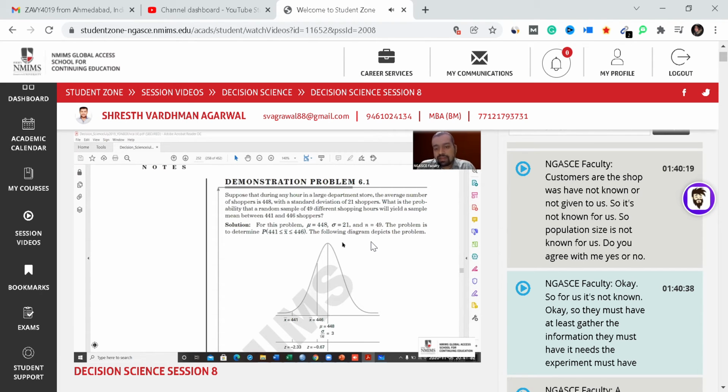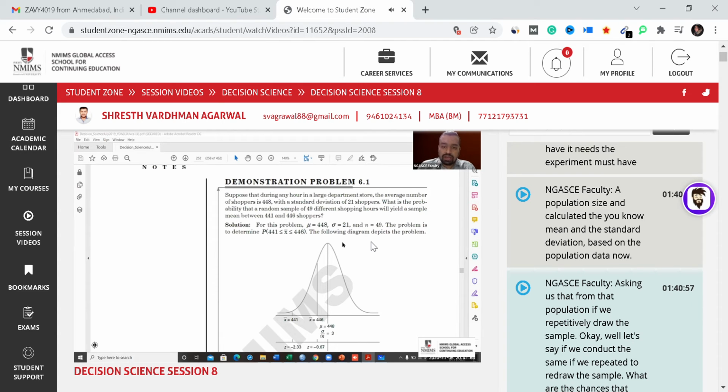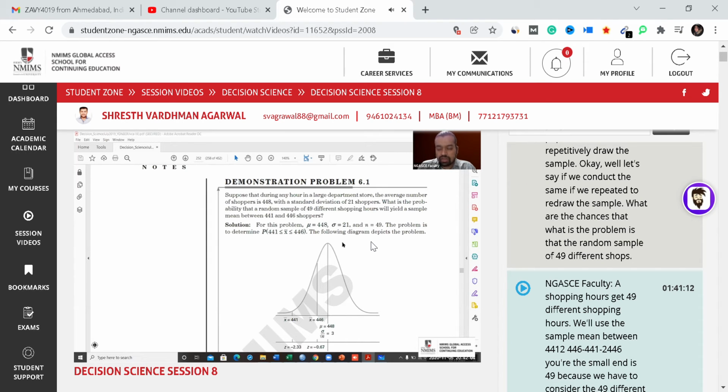So the experimenter must have gathered the information on a population and calculated the mean and the standard deviation based on the population data. Now they are asking us: if we repetitively draw samples from that population, what is the probability that a random sample of 49 different shopping hours will yield a sample mean between 441 and 446?